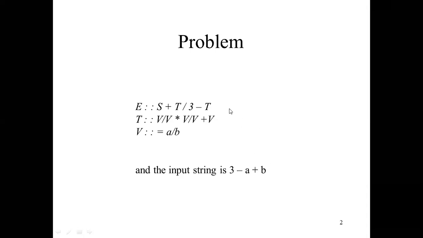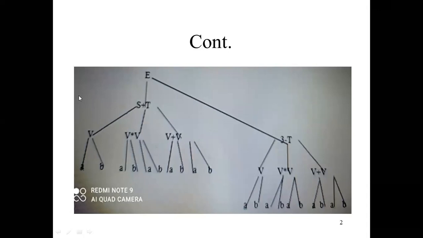Now we are going to draw the syntax tree for this. Just concentrate, please. Capital E here. E has two options as it is mentioned in the problem: either S plus T, and the second option is 3 minus T. If anybody says draw the syntax tree for the given grammar, then we will proceed in this fashion, in this manner, in this way.